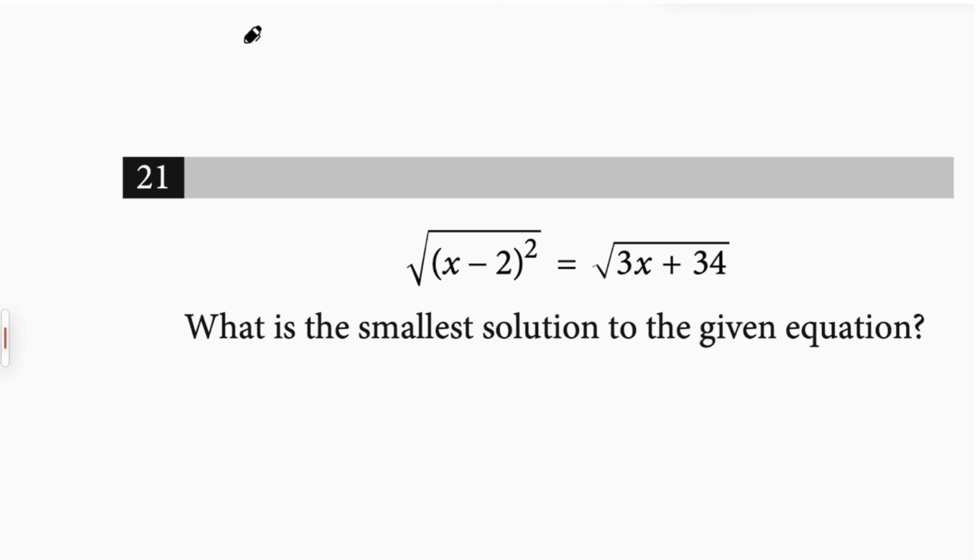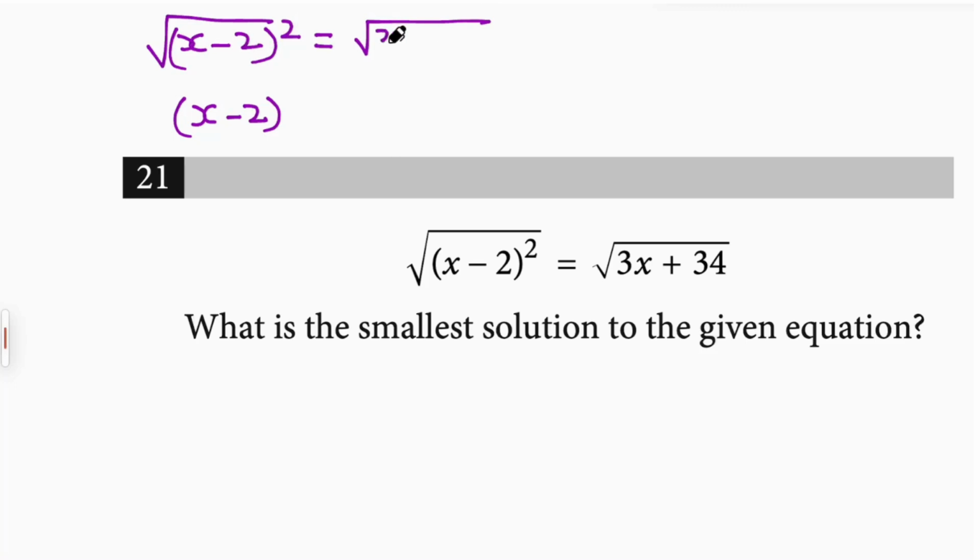Here in our question, square root of (x minus 2) whole squared is equal to x minus 2, and square root of 3x plus 34 stays as it is. Now we need to calculate x, but we have a square root here. If this square root is not here, we will be able to solve it easily.